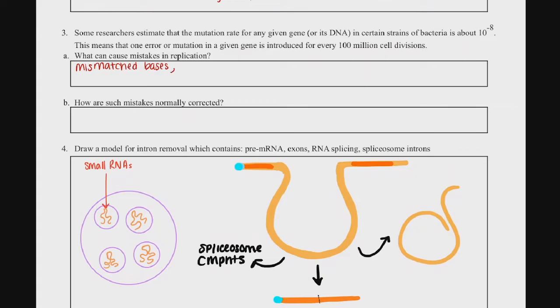But alternatively, things like UV, X-ray, radiation, or just other chemicals that modify the DNA so that errors are perpetuated during subsequent replication events could cause mistakes in replication.